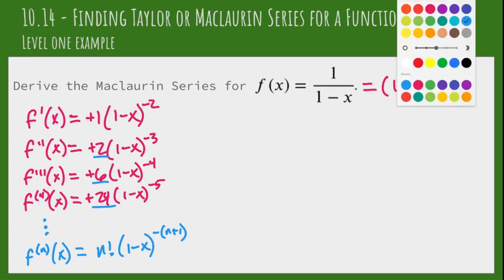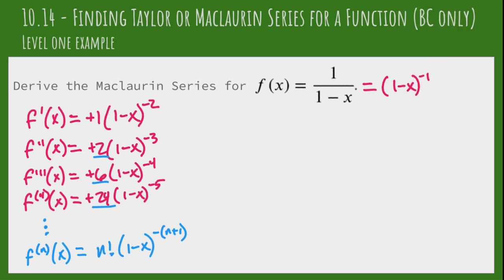So if we then evaluate this, since we're doing a Maclaurin series, we're centered at x equals 0. We want the value of the function at 0. So plugging 0 into the function, we're going to get 1. The first derivative at 0, plugging it into the first derivative, we get 1 also.